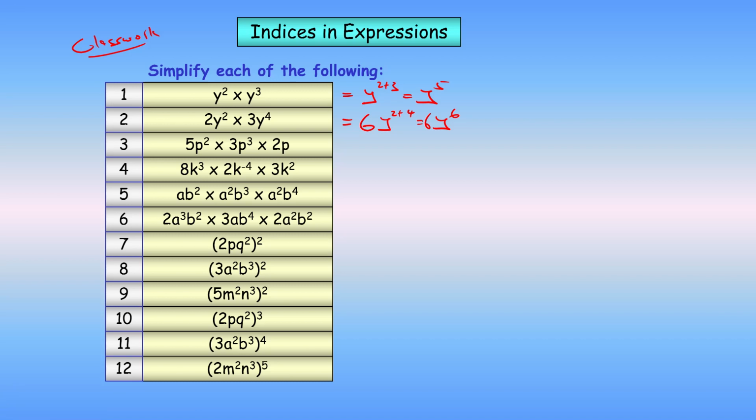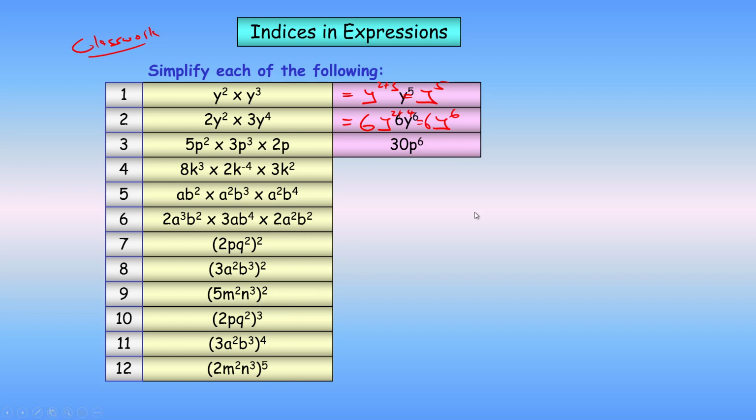Okay, let's go through the solutions then. We got 1 and 2. For number 3, you should have 30p to the power of 6, because you have 5 times 3 times 2, which is 30, and then p to the 2 plus 3 plus 1.